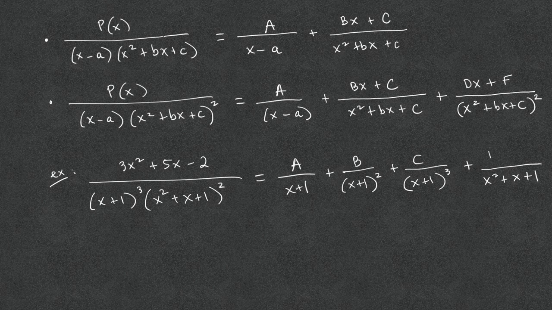Thus, the linear factor is now Dx plus E, plus this irreducible factor is being repeated 2 times. We need one more rational term for x squared plus x plus 1, but we increase the power by 1. The numerator is still a linear expression, which is now Fx plus G. We can use any letters that we haven't used before. There's nothing special about these letters.